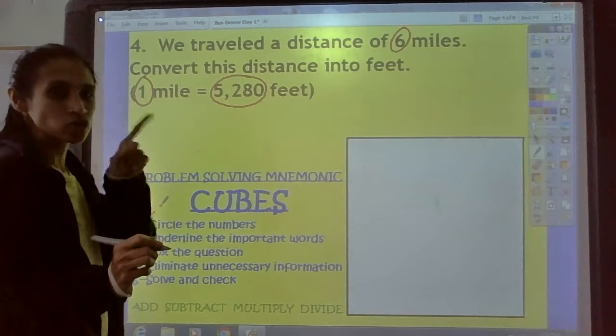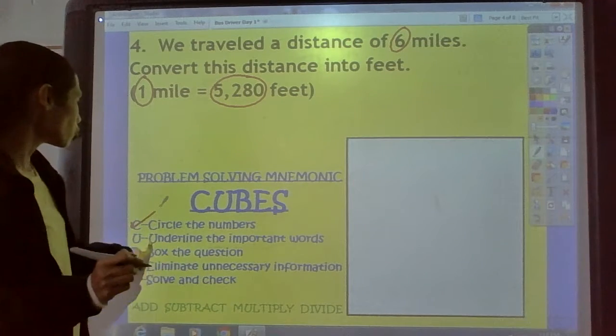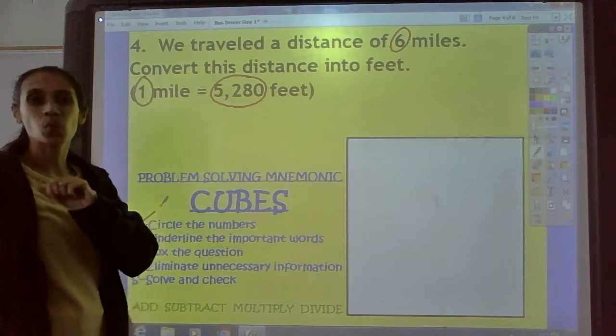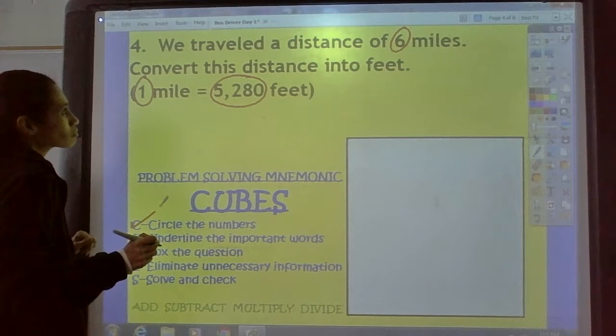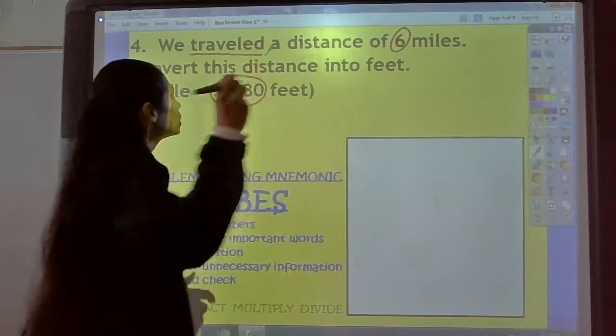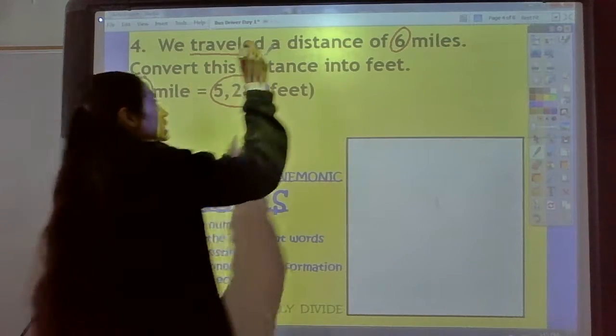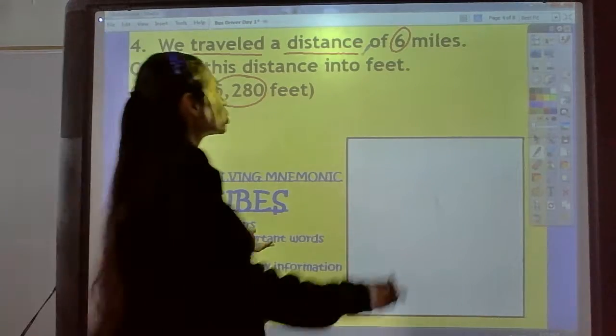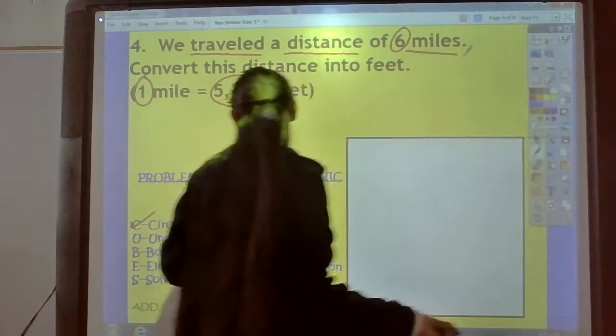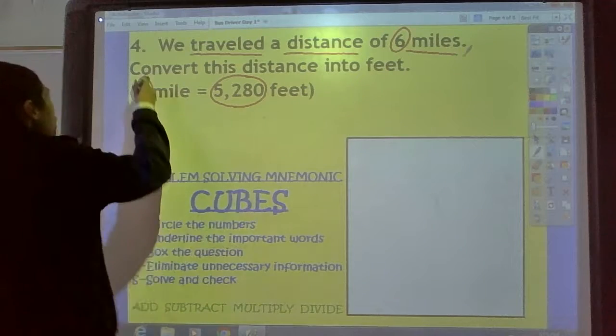Next step is U on CUBES. You underline the important words. So find some important words for me. Okay, travel. What else do you see? Distance. Miles. Convert.